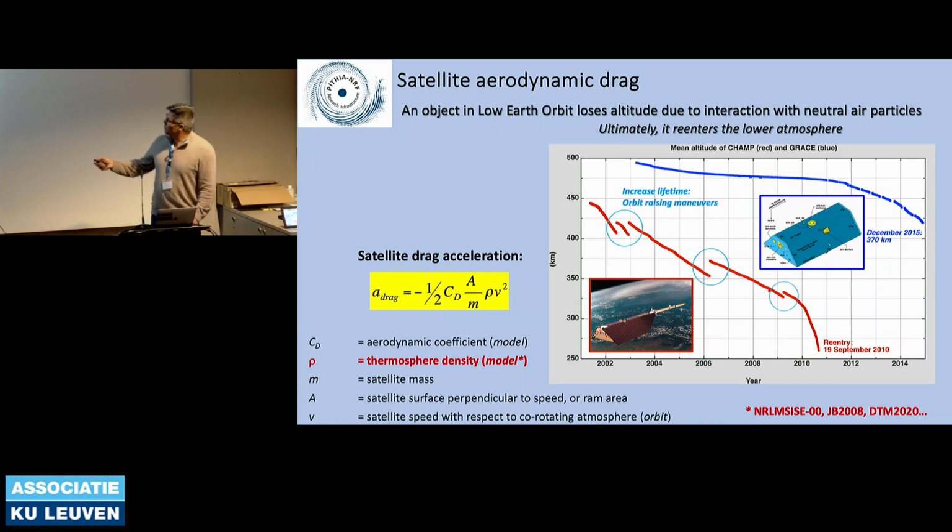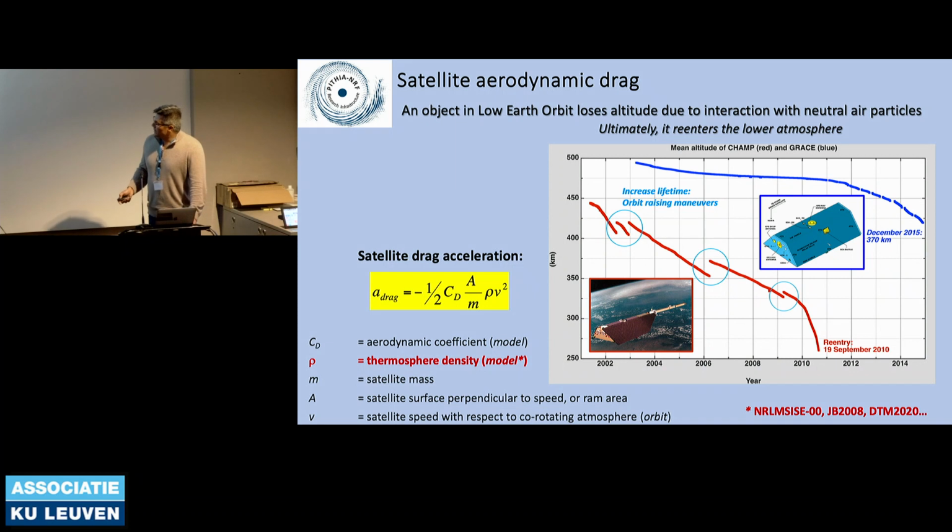You also notice these steps in the mean altitude, and these are orbit raising maneuvers. That is typically when you are propagating your orbit into the future. You want to know how long your mission is going to stay up in space. And once in a while, based on models and forecasting, you do these raising maneuvers to maintain your orbit for the design period of the satellite.